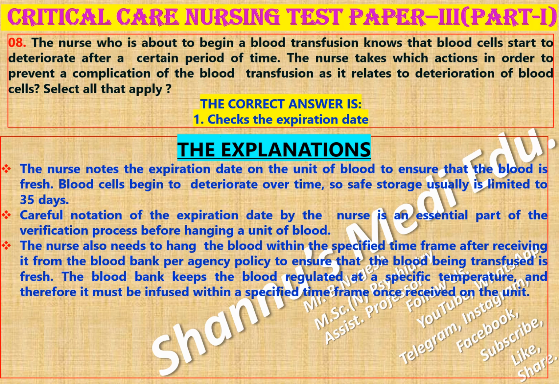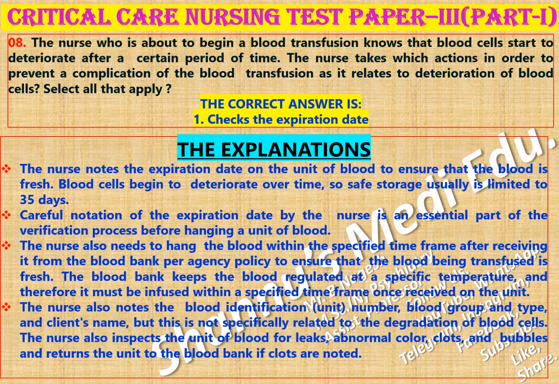To ensure that the blood beginning transfusion is fresh, the blood bank keeps the blood refrigerated at a specific temperature, and therefore it must be transfused within a specific time frame once received. The nurse also notes the blood identification unit number, blood group and type, and client name, but these are not specifically related to the degeneration of the blood cells.